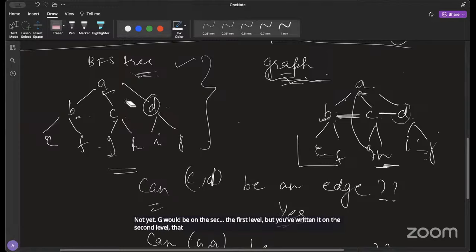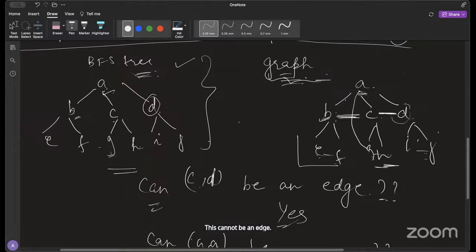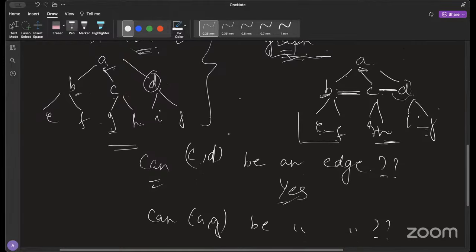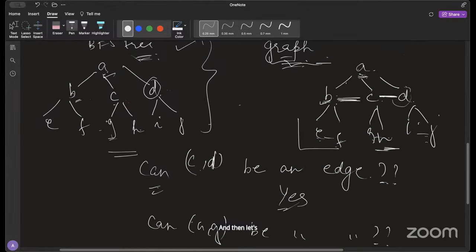That means in the original graph, there's no way this can be an edge. Is that okay?